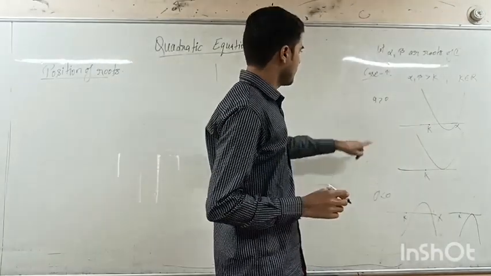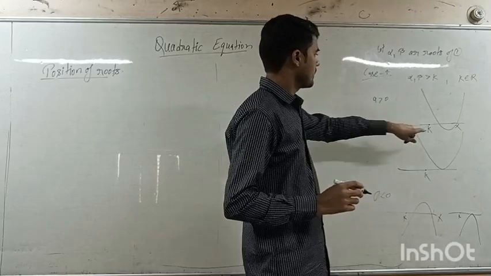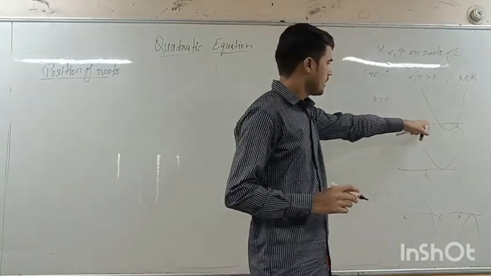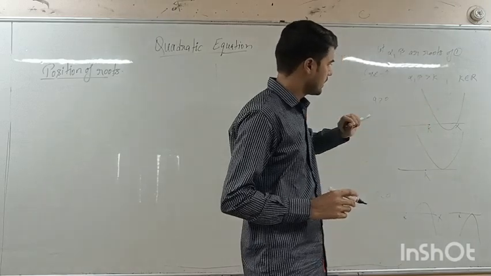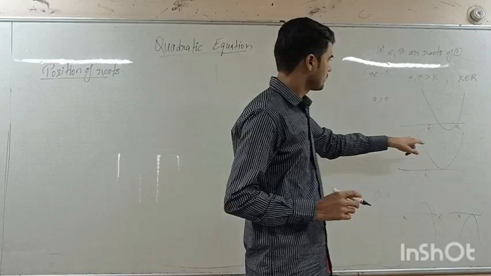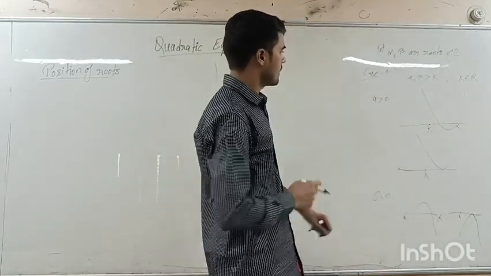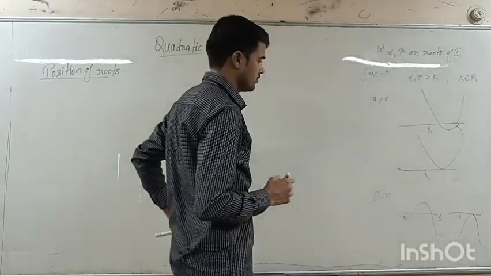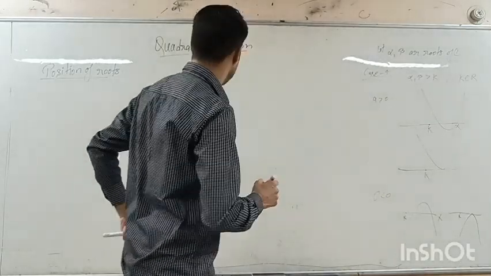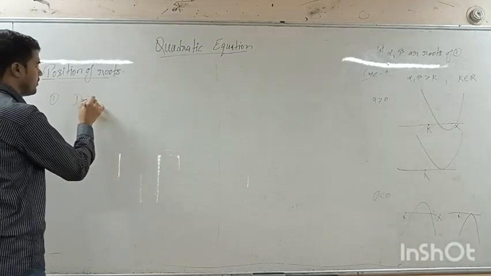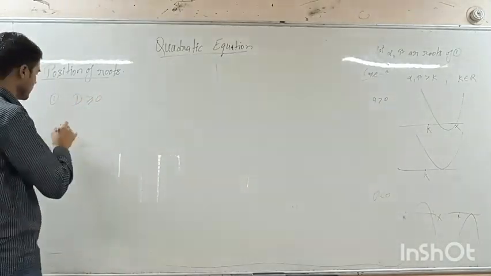So we can observe there that if a is greater than 0, what is the value of f(k)? Here f(k) is greater than 0, and here f(k) is less than 0. We know D will always be greater than or equal to 0, first condition.